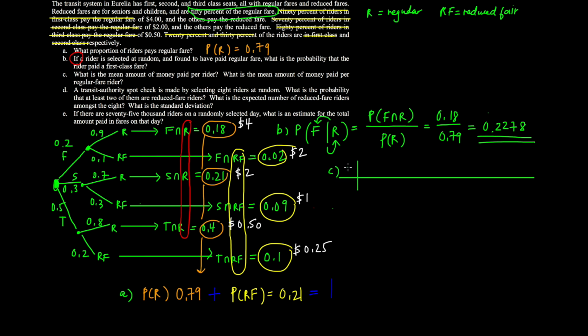Let's pretend that we have our x right here and then our p of x. And you recognize this from the discrete probability chapter, when you have your different outcomes and then your different probabilities. So my different outcomes are going to be the different fares that I'm going to be paying.